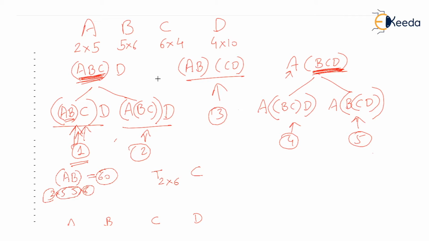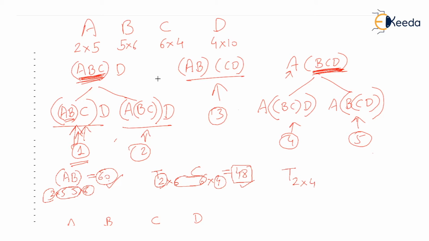So how many multiplications will be needed to multiply 2 by 6 with 6 by 4? It will be 2 multiplied by 6 multiplied by 4. So it will be 12 into 4, which is 48. So 48 multiplications will be needed to do this ABC operation, isn't it? So 60 plus 48. Till now, the number of multiplications is 60 plus 48. But the resultant matrix T again will be 2 cross 4, isn't it?